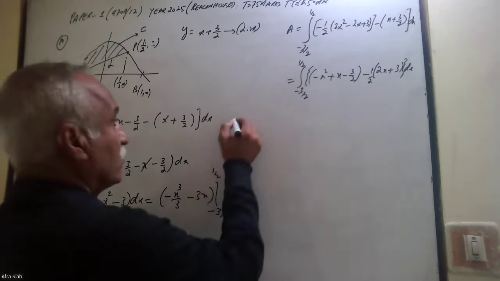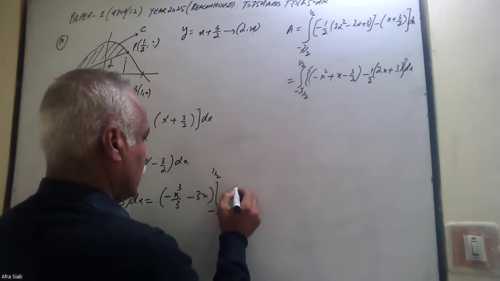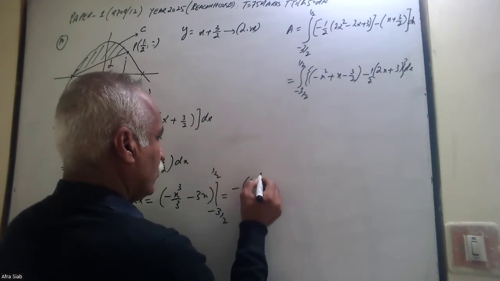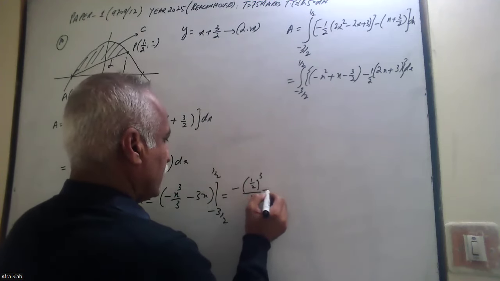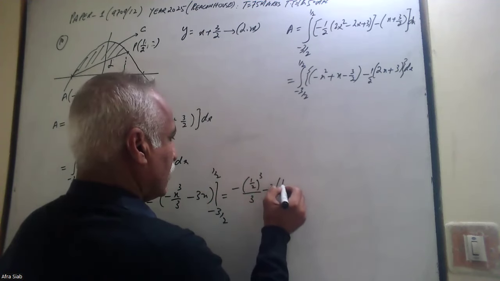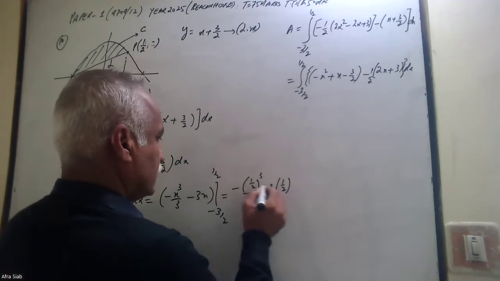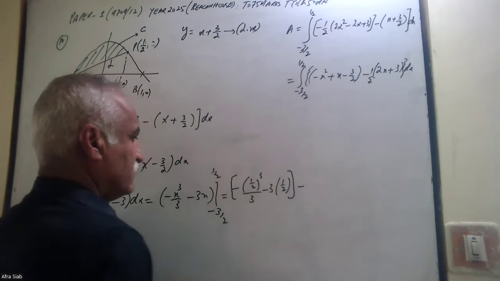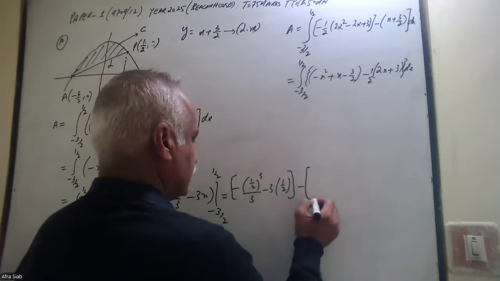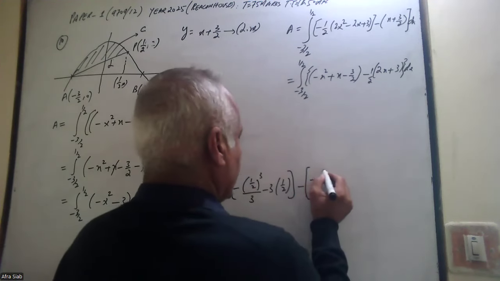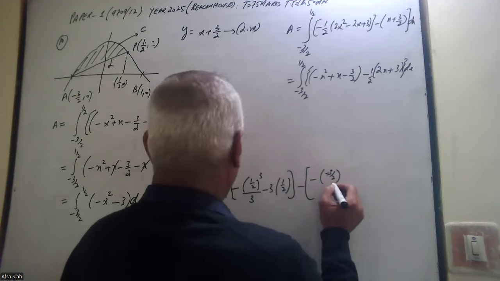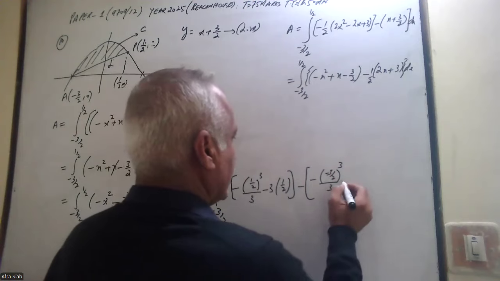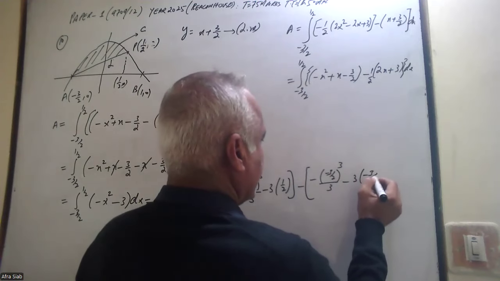So this value will be equivalent to minus half cube over 3 minus 3 into half, minus the lower limit, minus minus 3 by 2 whole cube over 3 minus 3 into minus 3 by 2.